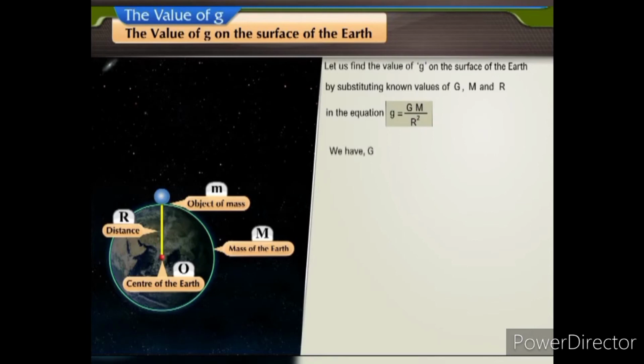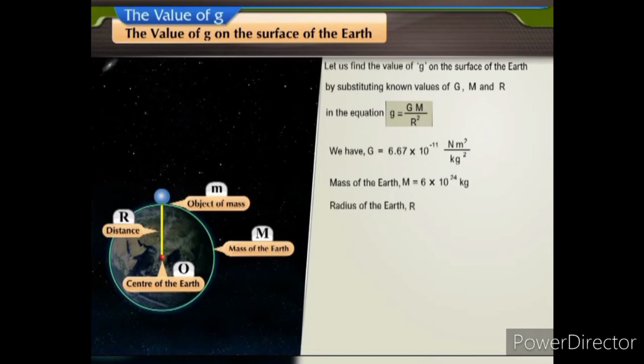We have G is equal to 6.67 into 10 raised to minus 11 newton meter square upon kg square. Mass of the earth, M, is equal to 6 into 10 raised to 24 kg.